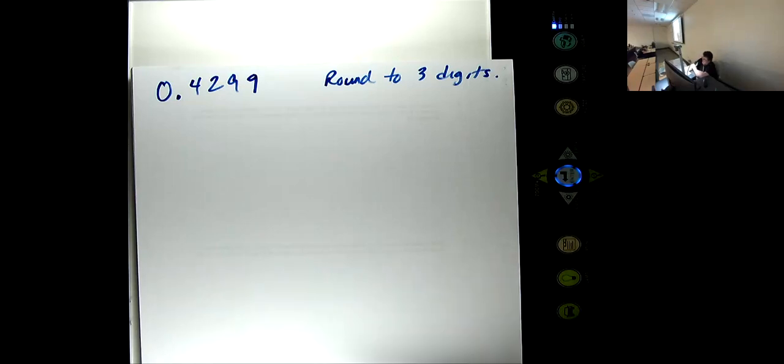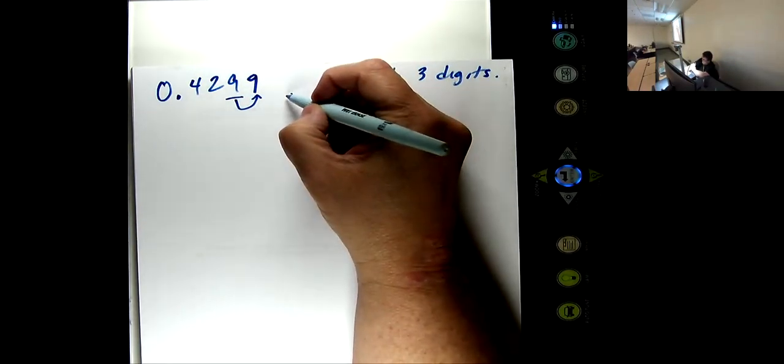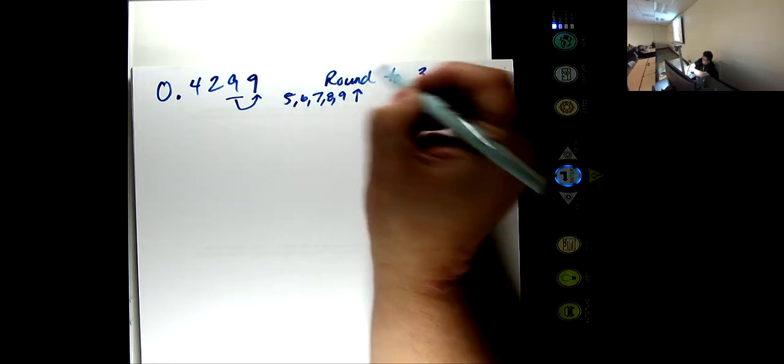Okay, so this one's the 9. We look at it. We have a 9, which is a 5, 6, 7, 8, or 9. That's in the round up category.